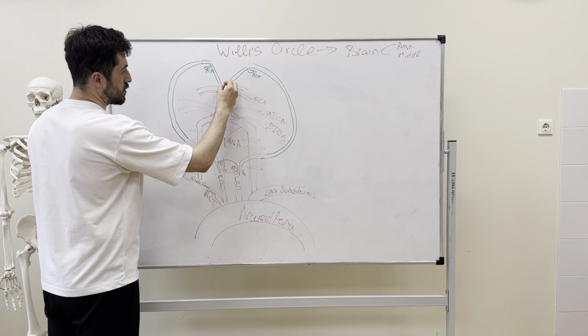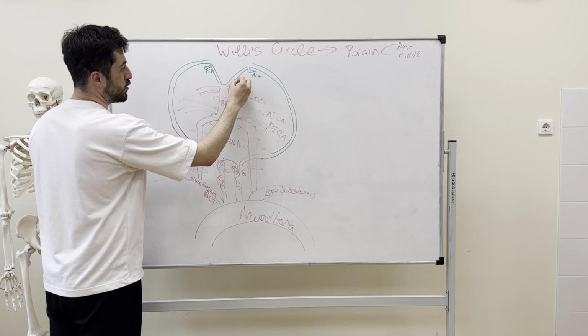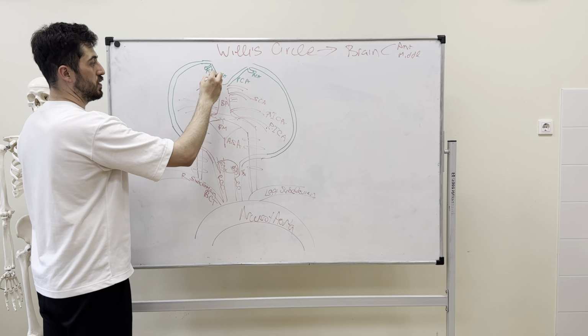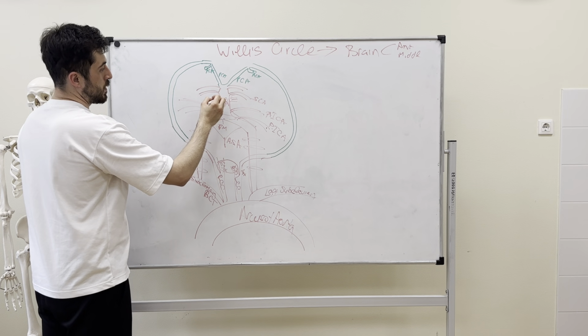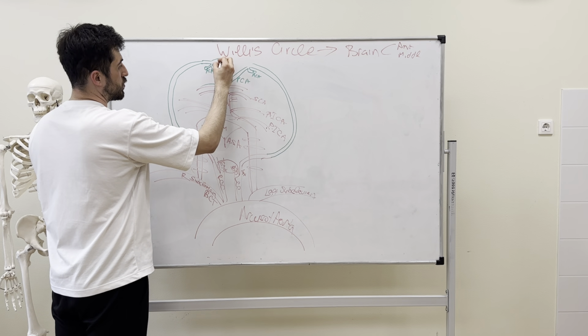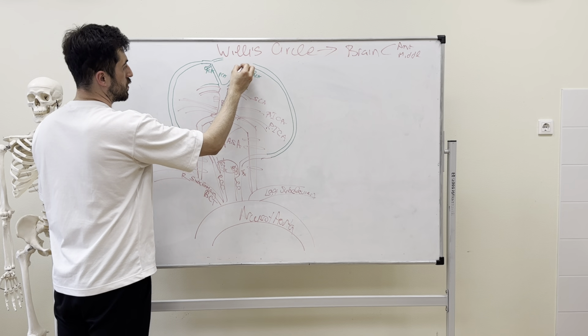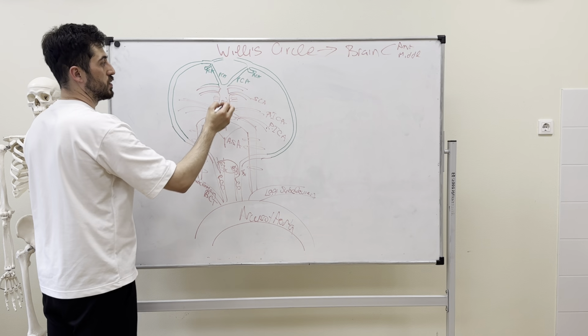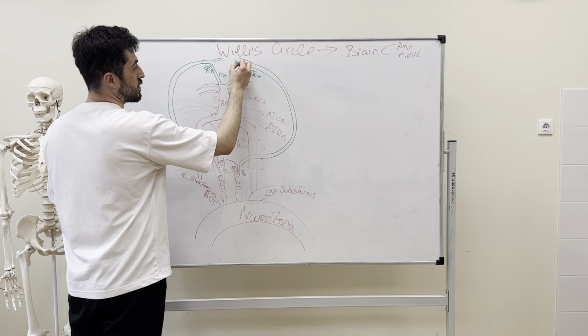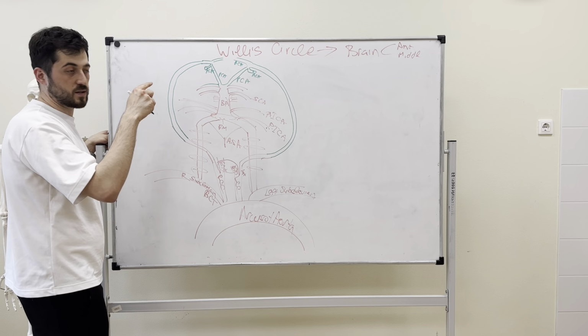The posterior communicating artery, arteria communicans posterior. Then we have another branch here. It will be the anterior what? Cerebral.